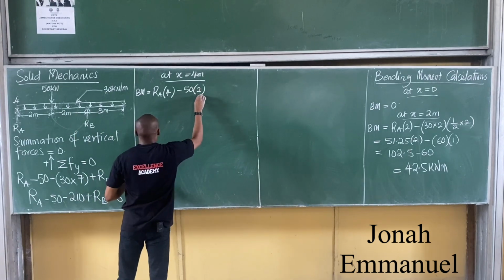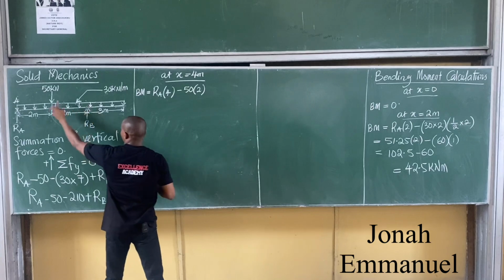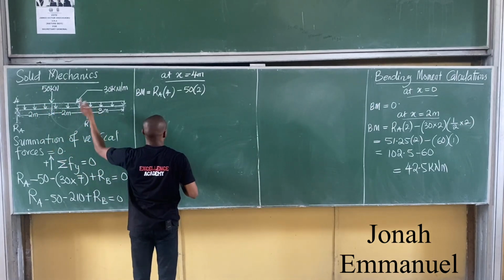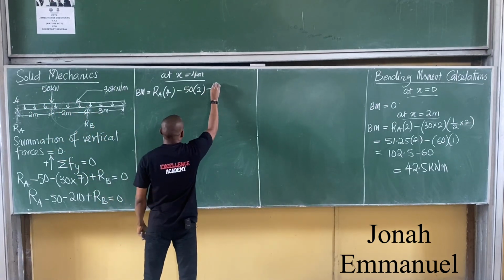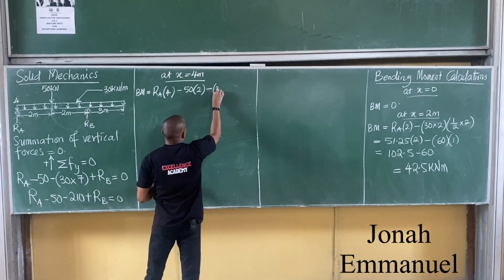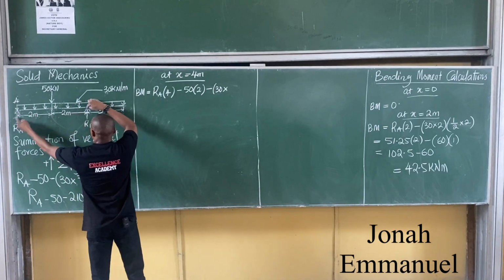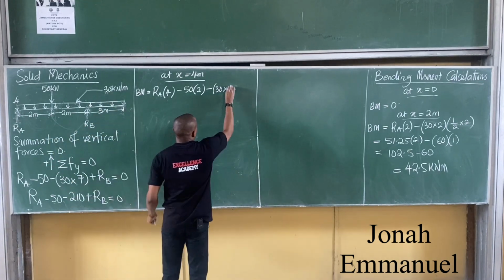Next, the UDL is coming downward, so that becomes anti-clockwise. Minus, convert UDL to point load: 30 times 4.